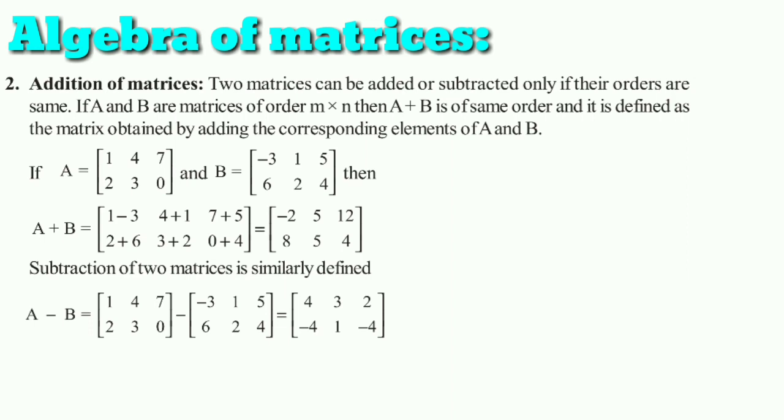For A plus B, we are adding the corresponding elements. For 1, the corresponding element is -3. For 4, 1, followed by the remaining elements. The output is [-2 5 12; 8 5 4].